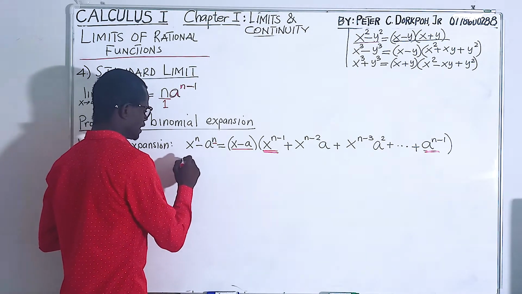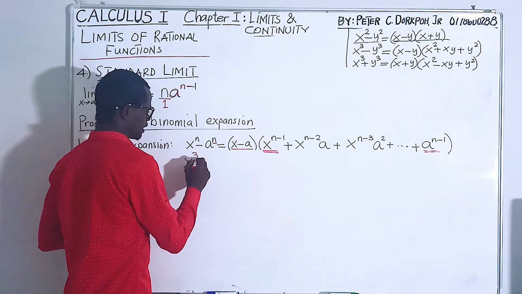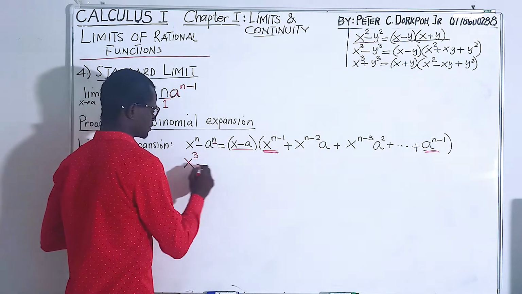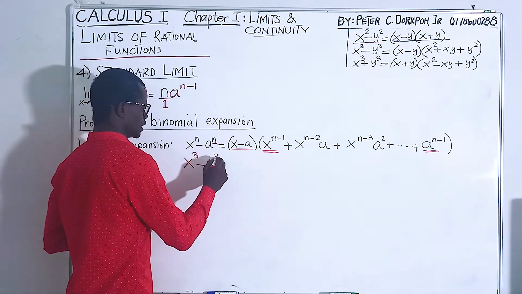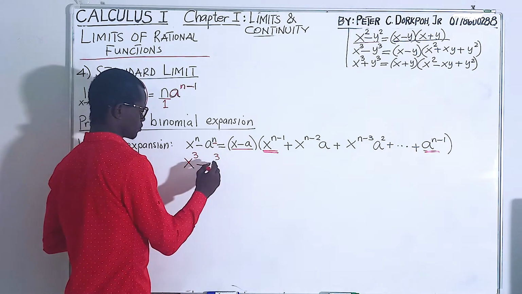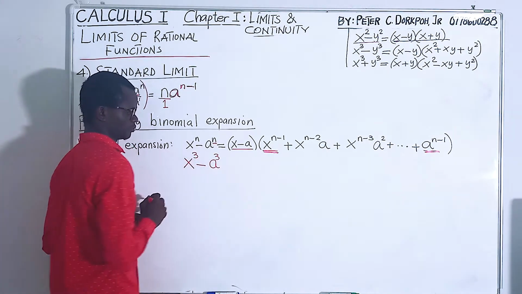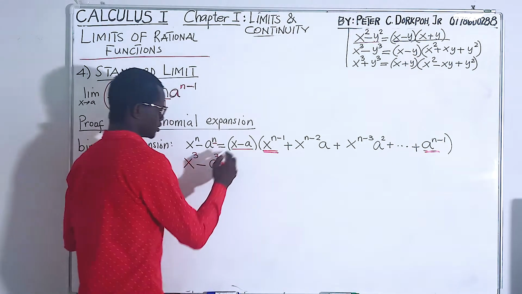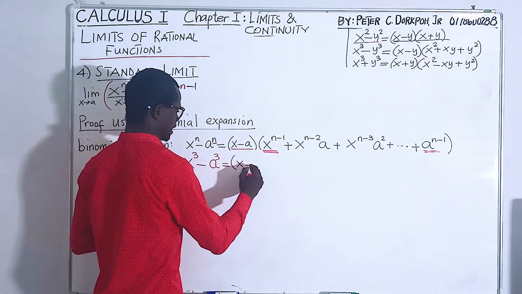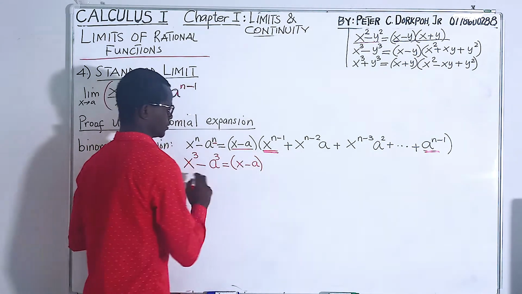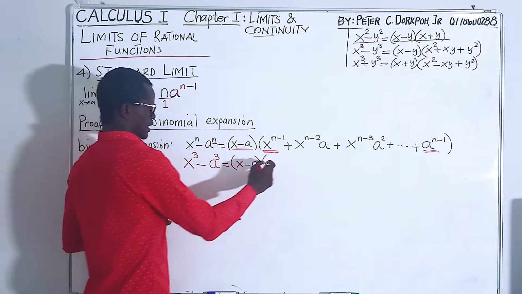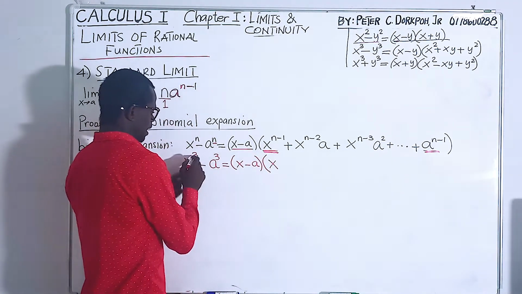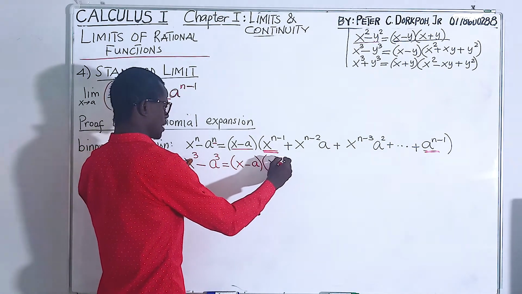What if we had x raised to the third power minus y raised to the third power? So let's say a raised to the third power. So this is now equal to x minus a times x now raised to the power 3 minus 1.